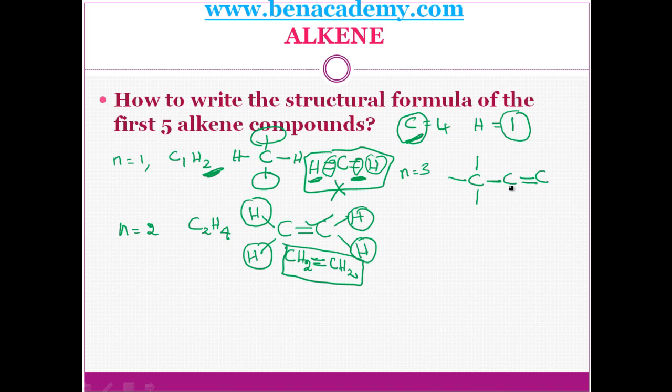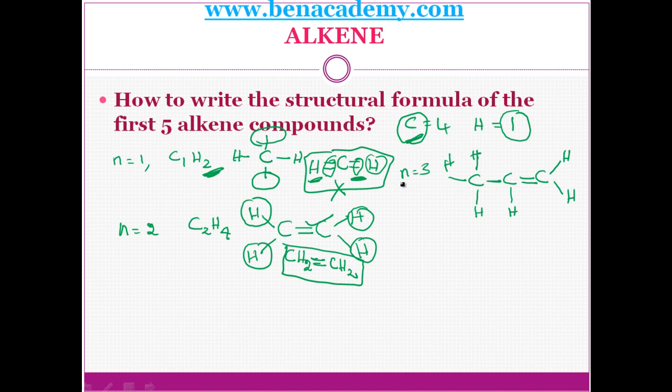Only 1 is left, so we have to put 1 more bond to this carbon here, either down or up. Next, take this carbon, with the double bond. So 2 more valencies are required. So 1, 2. Now fill all the valencies with hydrogen. 1, 2, 3, 4, 5 and 6.